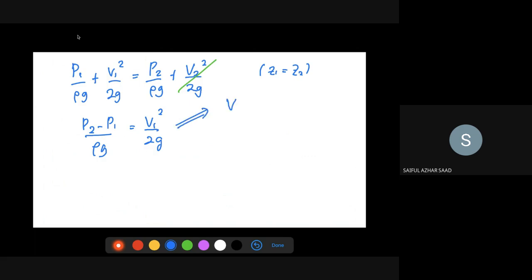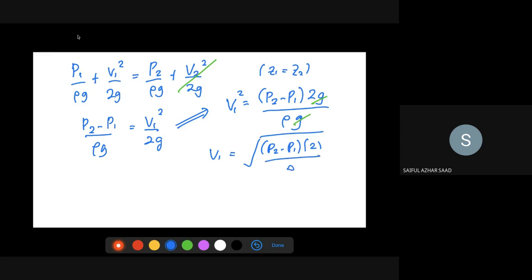So basically my V1 equals P2 minus P1 multiplied by 2G divided by rho G, or V1 equals the square root of P2 minus P1 multiplied by 2, because I cancel out my G over here, and then divided by rho.